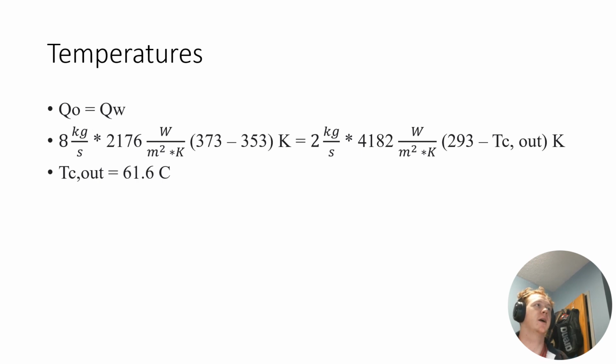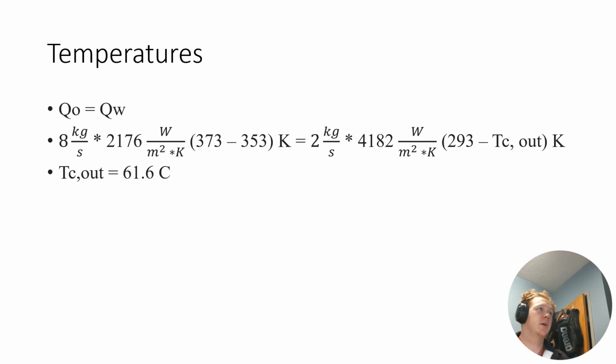So this is my slide where I solved for TC out. I knew that the Q of water and Q of oil would be equal to each other. And here I was not able to get Q dot, so there is mass flowing, even though it is not represented accurately.